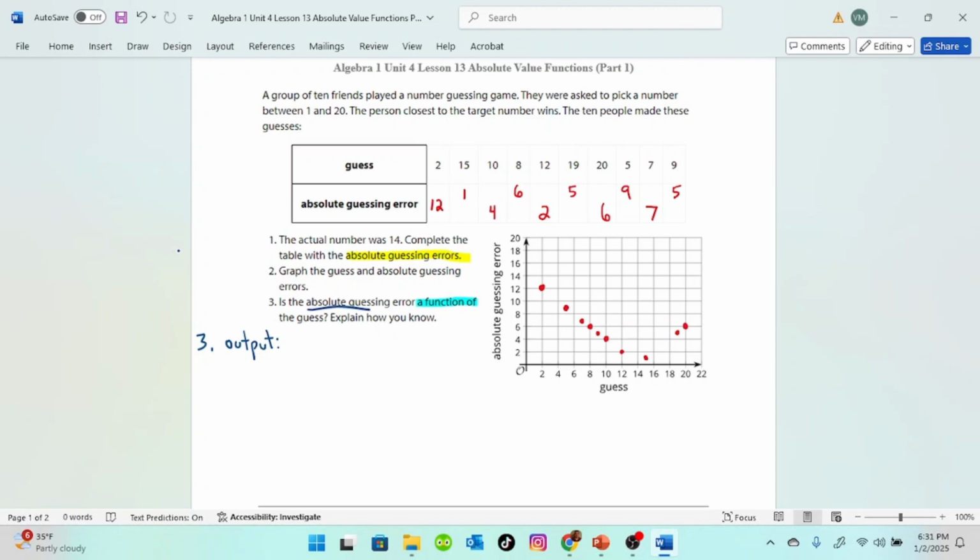So that's absolute guessing error. And whatever comes after those words, the guess, is the input.